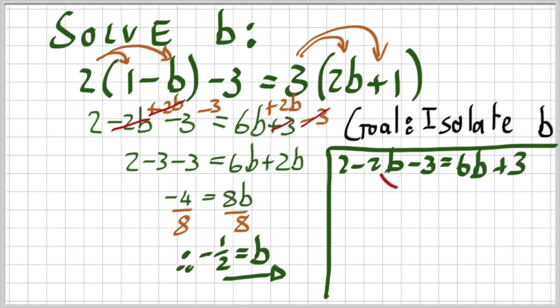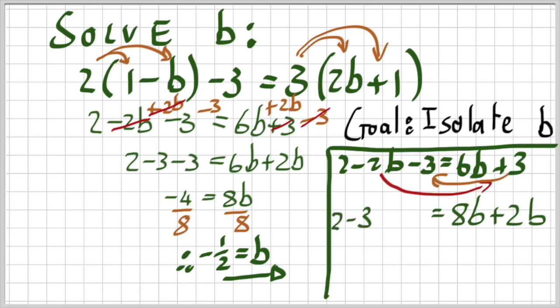So that negative 2b, if I transpose it, if I move it to the right-hand side, gives me plus 2b. And if I move that 3 to the left-hand side, I'm going to sit there with 2 minus 3, which becomes minus 3, which is exactly what we are seated with there.